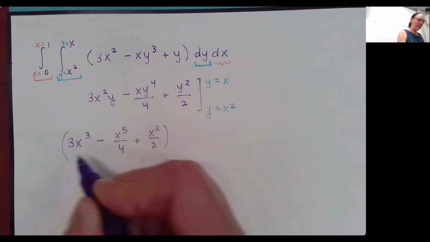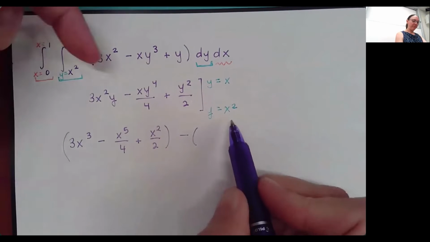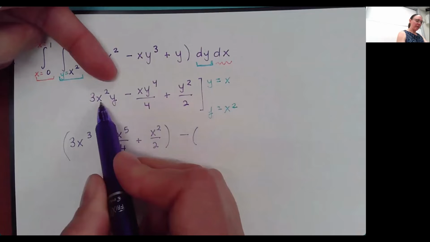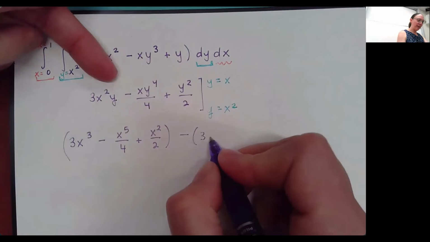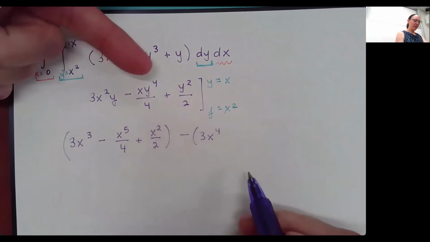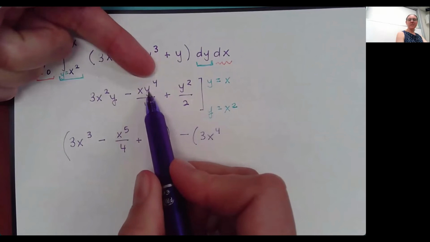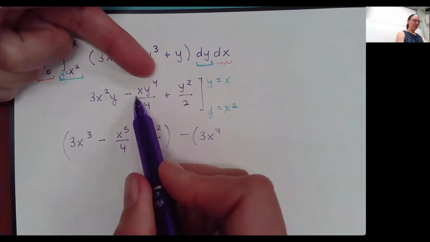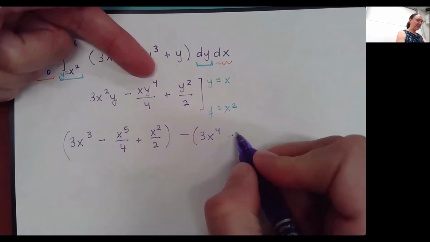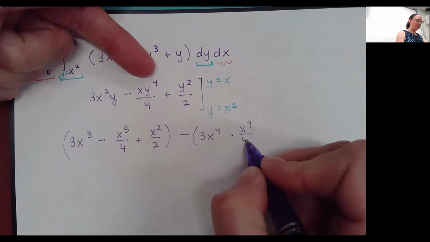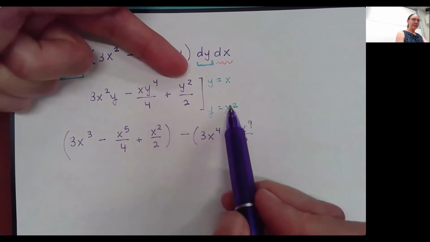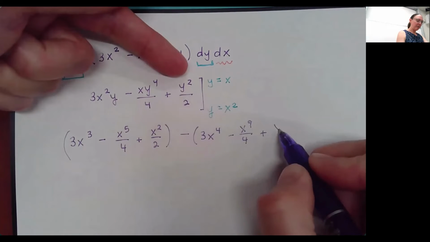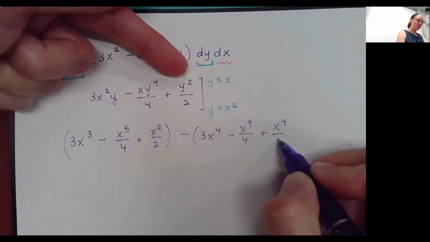And then all of that I'm subtracting off. x squared times x squared makes that 3x to the 4th. When I plug in x squared here, x squared to the 4th gives me x to the 8th times another x. So I've got x to the 9th over 4. Plugging in x squared here, I've got x to the 4th over 2.